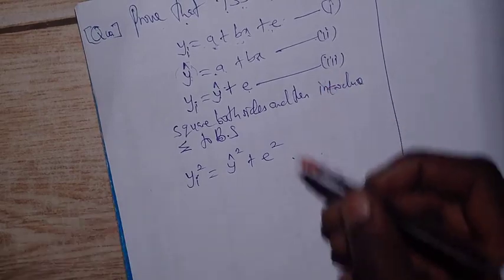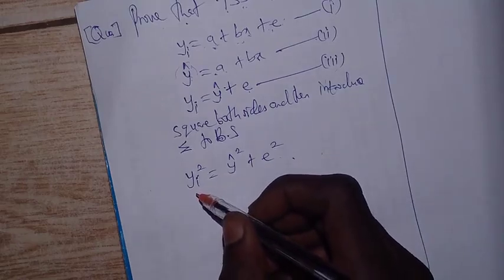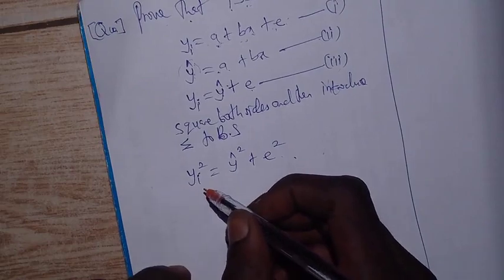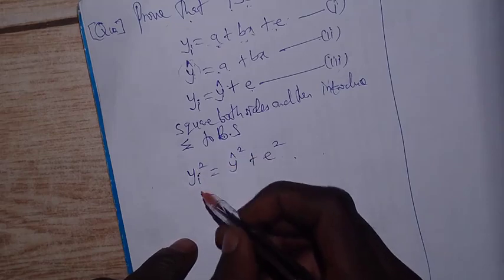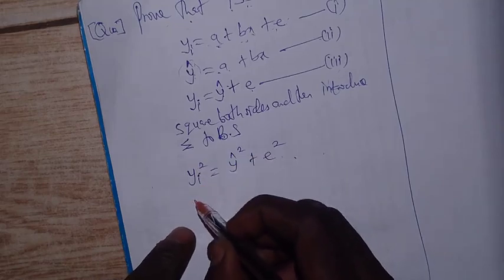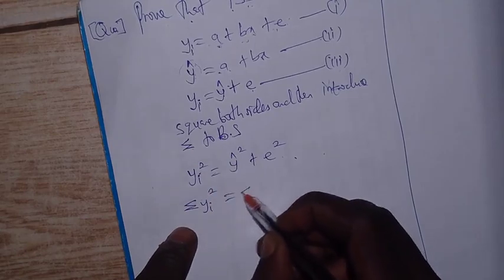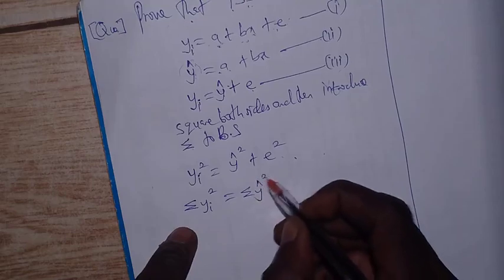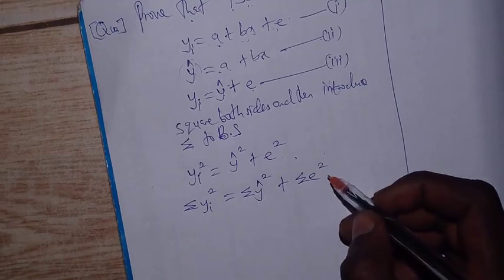After squaring both sides, we now move to introducing sigma to both sides. Introduce sigma, then summation yi squared is equal to summation y cap squared plus summation e squared, right?